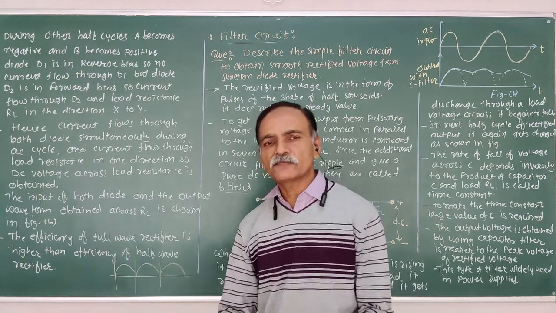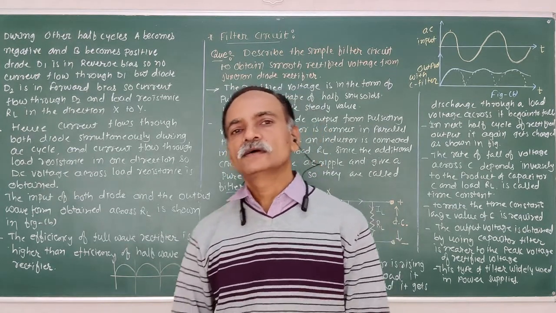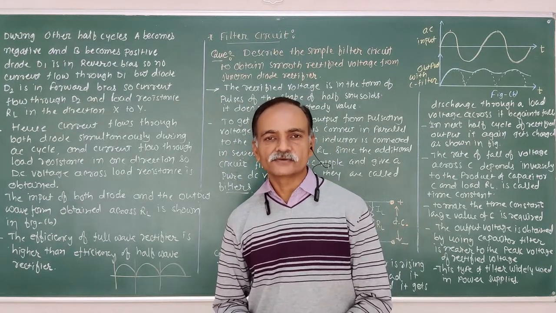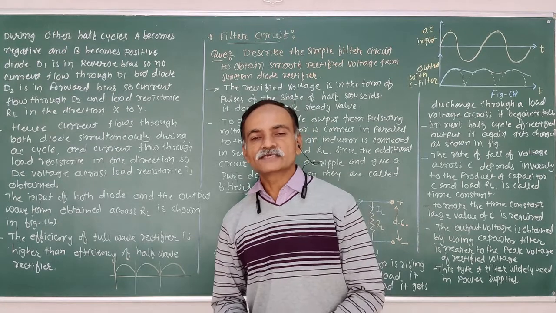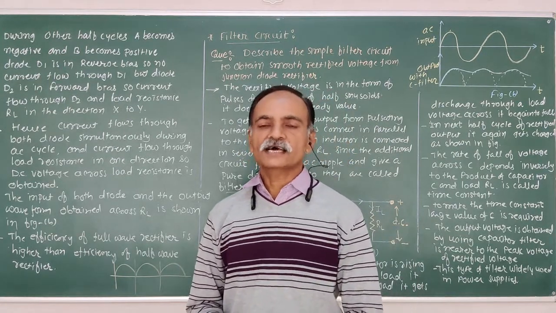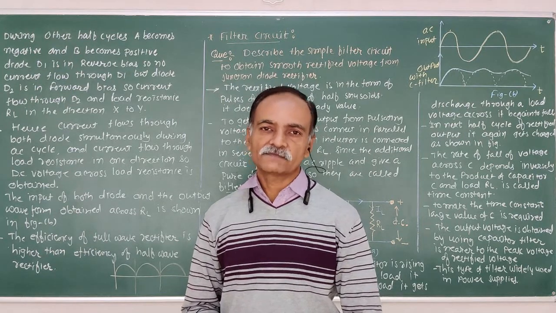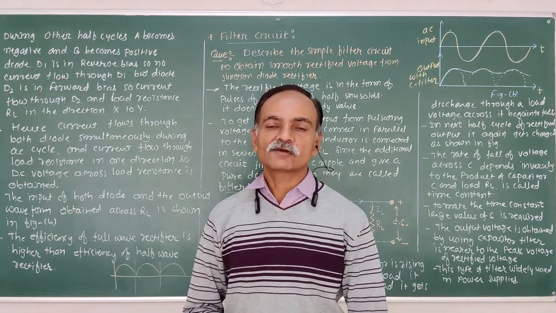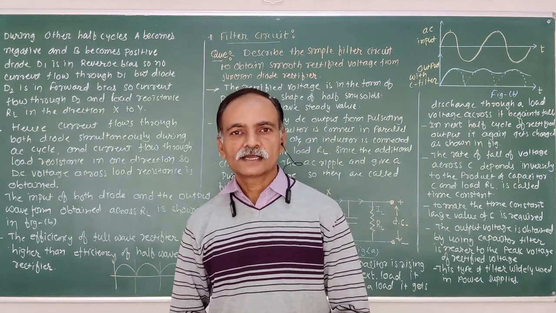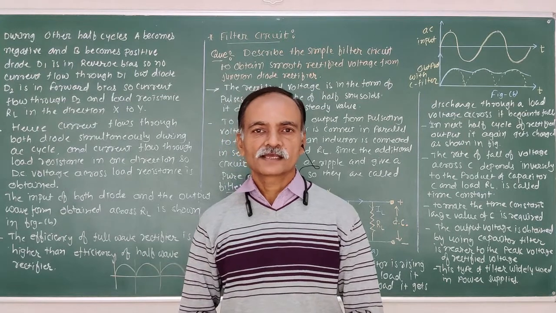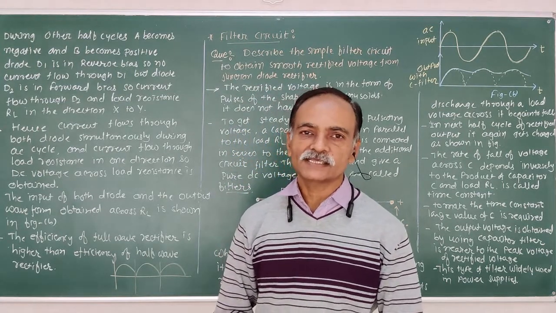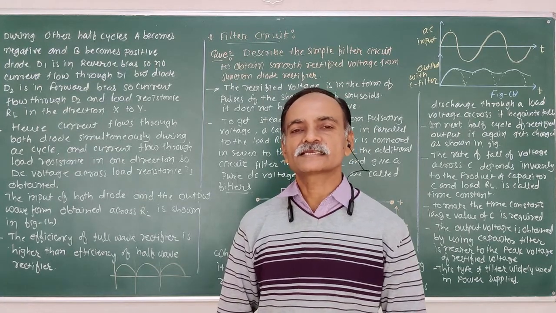To remove this component of the AC from the rectified voltage, different types of filter circuits are used. Widely used filter circuit is the capacitor filter. Other filter circuits are inductor filter, LC circuit, and also the pi filter. But these filters are not used for common purpose. In common purpose, that means in power supplies, in our TV and also AC, we are using the capacitor filter.